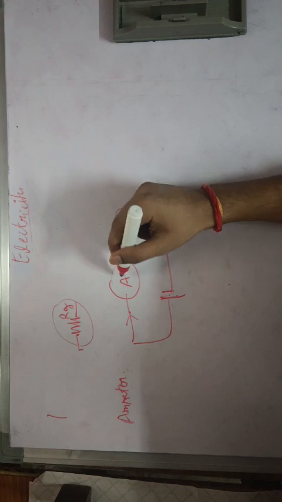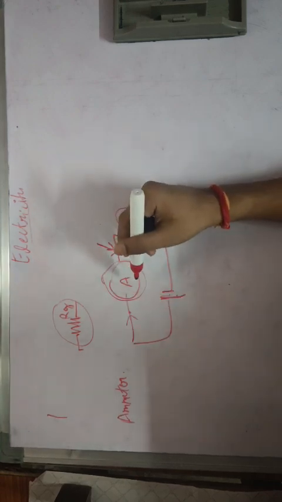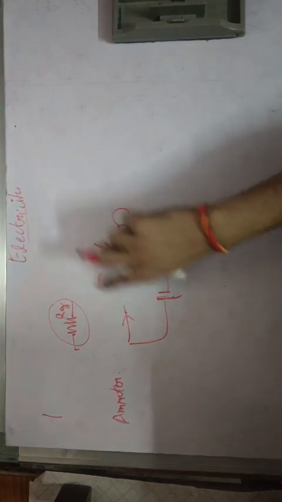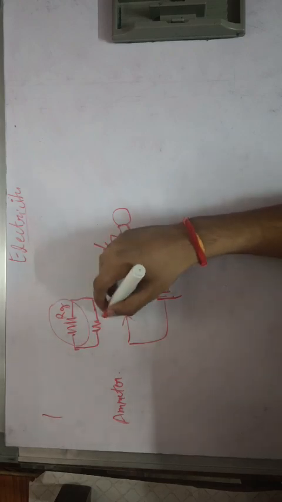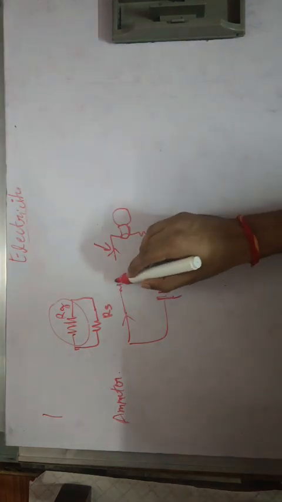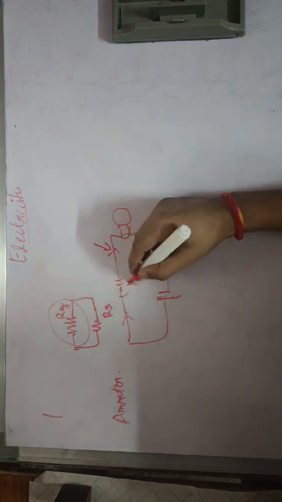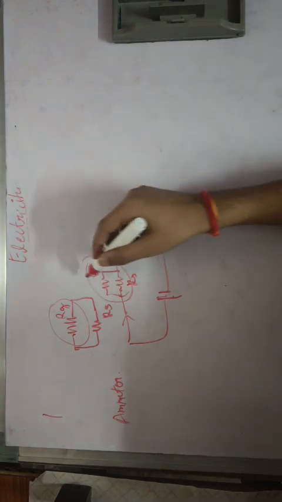To make sure that this ammeter does not change the value of current passing through this circuit, we connect a very small resistance in parallel, which is a shunt resistor. This shunt resistor has very small resistance, so it does not affect the current in this circuit, and parallel to it I will add the Rg, this galvanometer. So this whole setup is an ammeter.